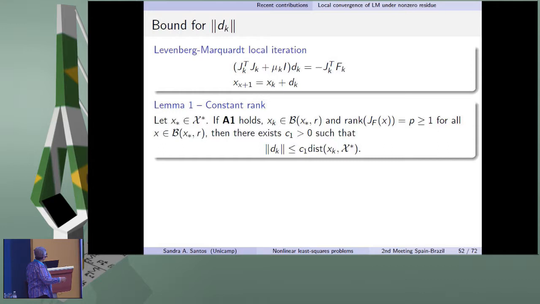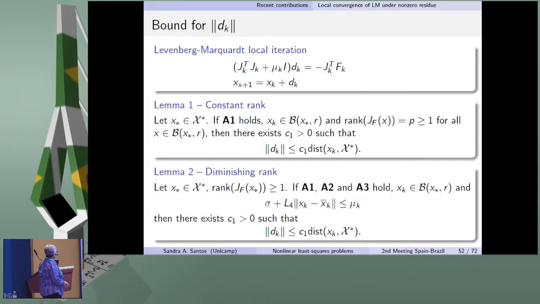And our first result says that under the Lipschitz continuity of the Jacobian, and if we assume that the rank of the Jacobian is constant, equal to p, in all points in this neighborhood, then we manage to have a bound on the direction that has this distance appearing here.